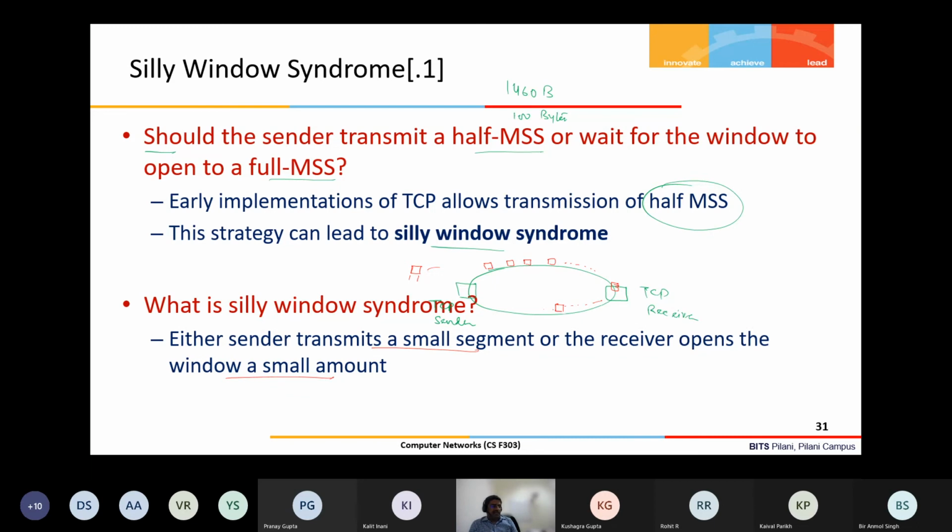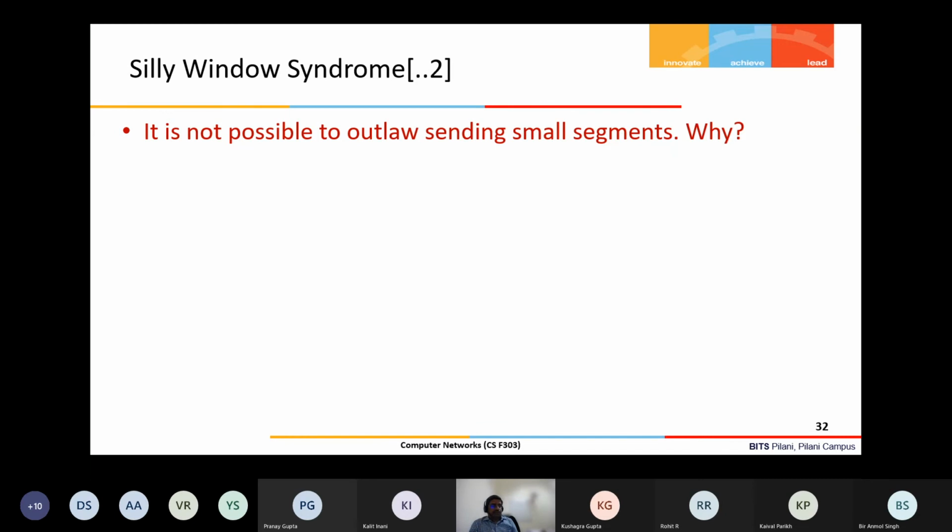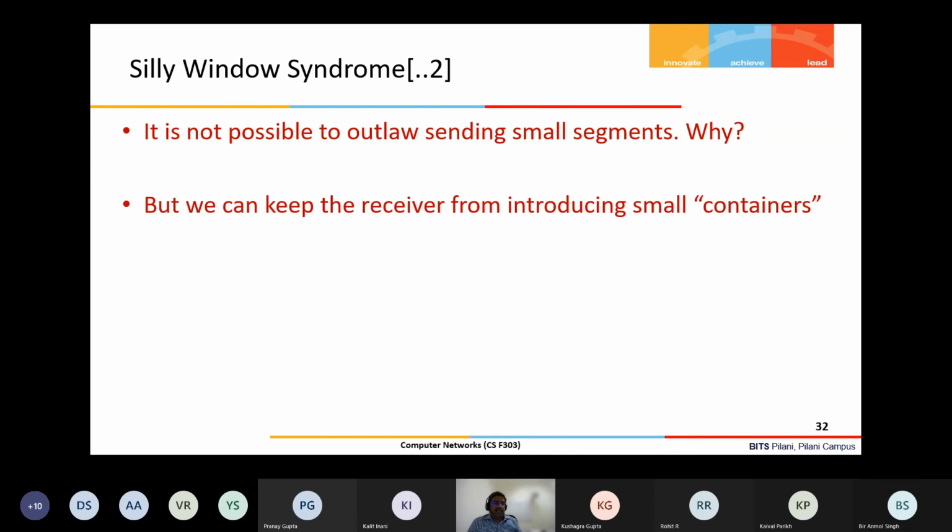Then whatever data is available, the TCP sender is supposed to send immediately. So it is not possible to outlaw sending small segments, because of this application requirement.